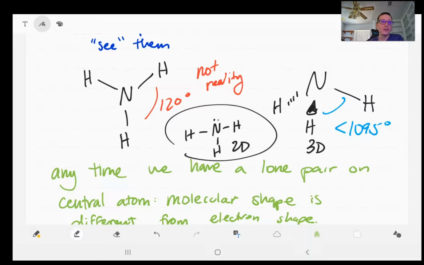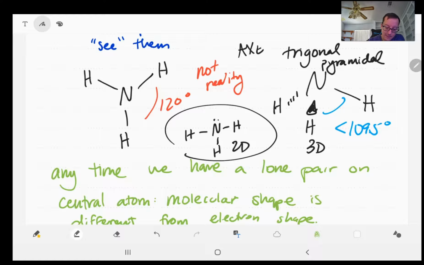And the rule here is that anytime you have a lone pair on your central atom, that's when your molecular geometry and electron geometry are different. And so it's just a matter of consulting that chart that I gave you guys, where this one would be trigonal pyramidal, because it's AX3E, sorry, because of that lone pair.